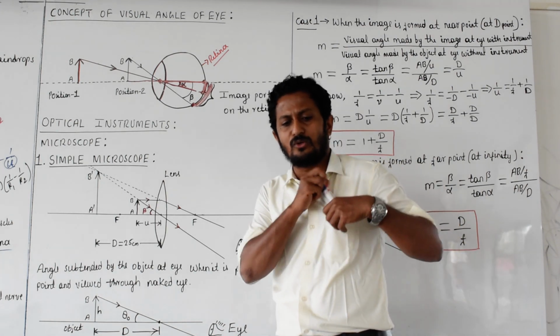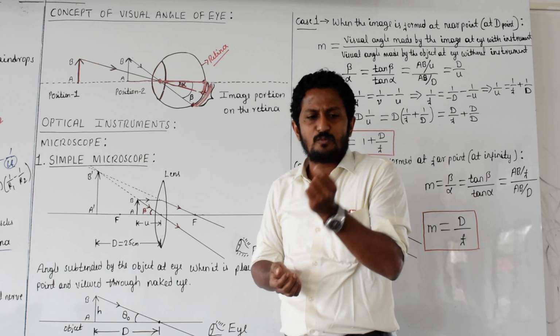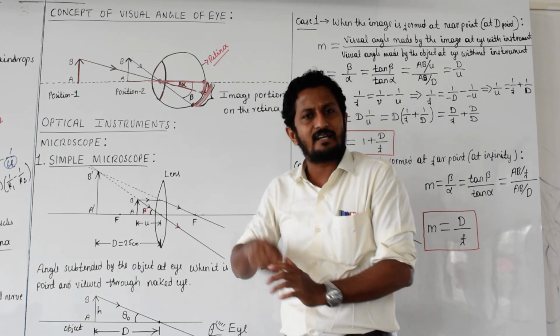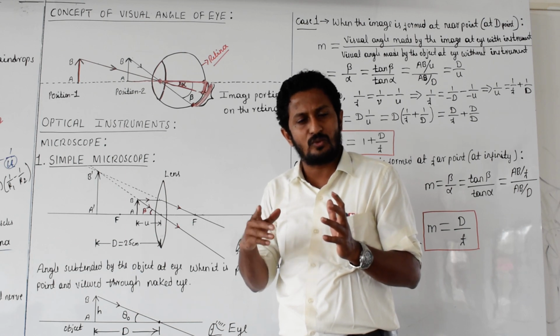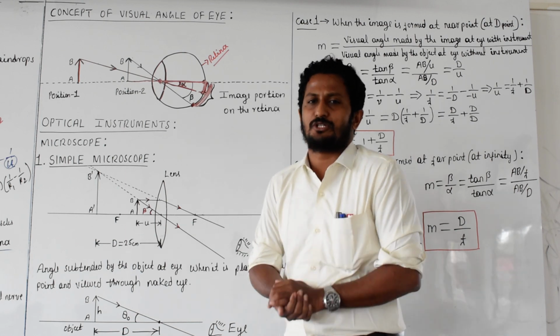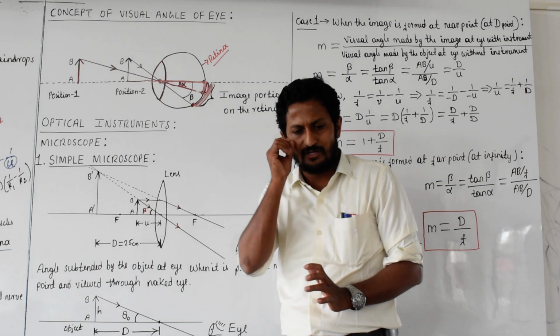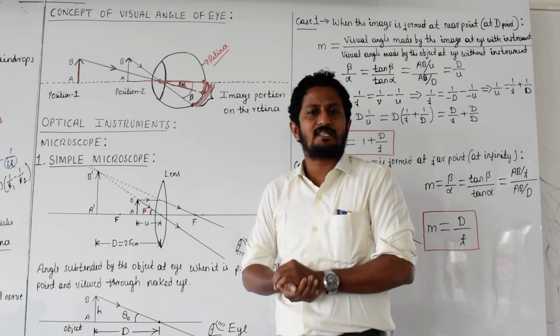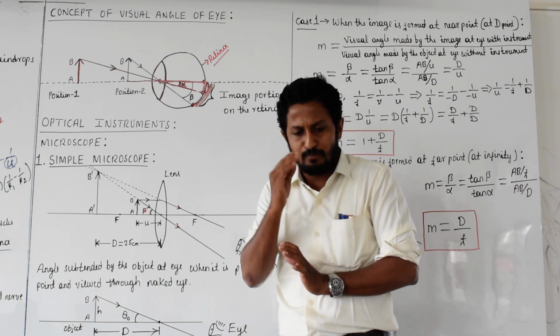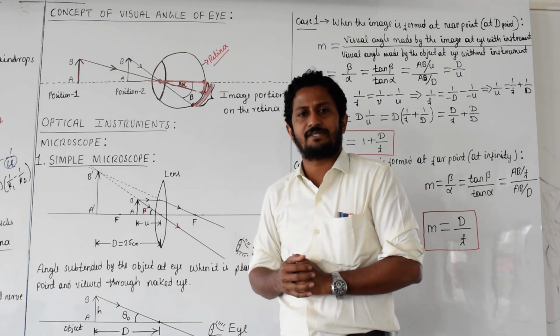When you look at a small object with the naked eye, that means without any help of optical instruments, directly focusing on the small object, your eye is unable to get a clear image.